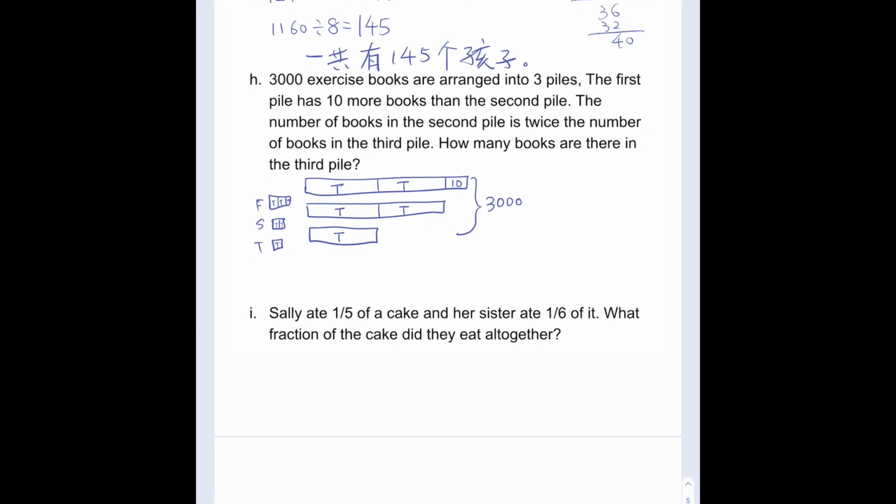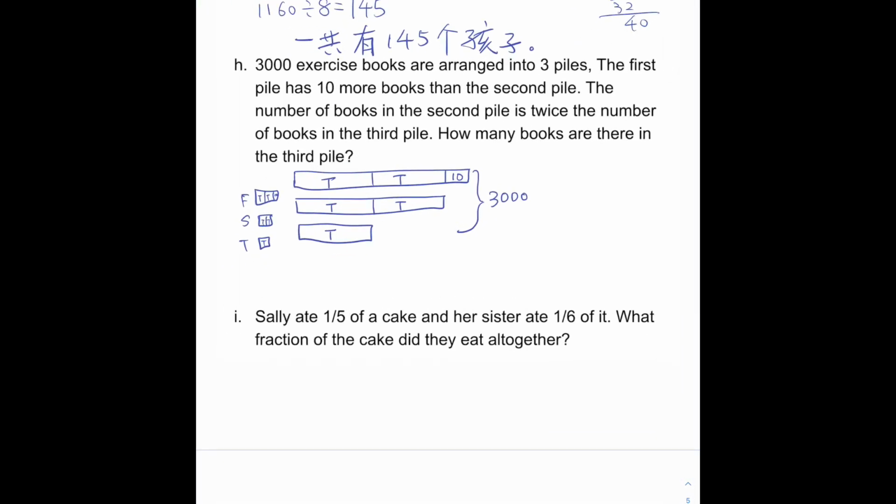Now how do we do it? So 5t plus 10 等于 3,000. 5t 等于 2,990. t 等于 2,990 divided by 5.